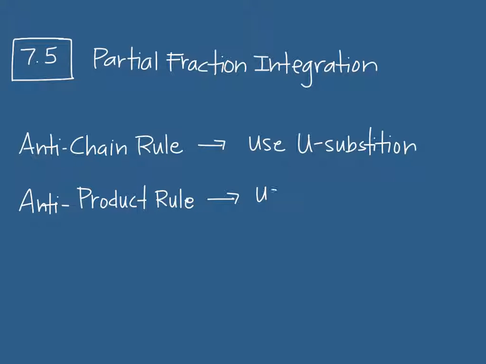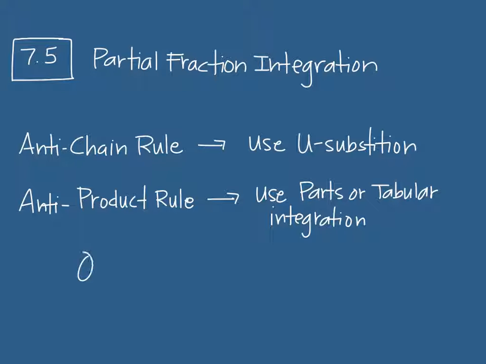And so there you've got the options of using parts or tabular integration, depending on if your part is a polynomial, then you can skip right to tabular. But if either of the parts was log, or if you didn't have a polynomial part, then you can't do tabular. So then that leads us to partial fraction integration, and that's the quotient.